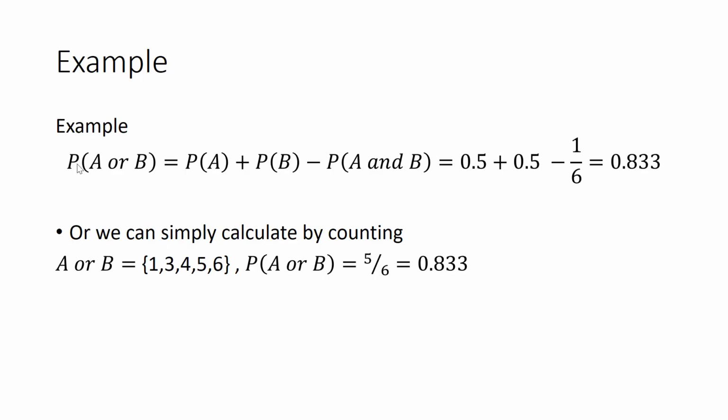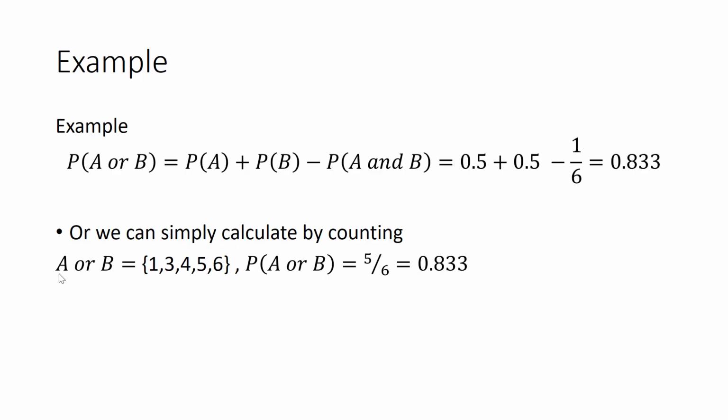So the probability of A or B is going to be equal to the probability of A plus the probability of B minus the probability of A and B, which in turn equals 0.5 plus 0.5 minus 1 over 6, which is the probability of A and B that we just calculated a few slides before, and the result is 0.833.